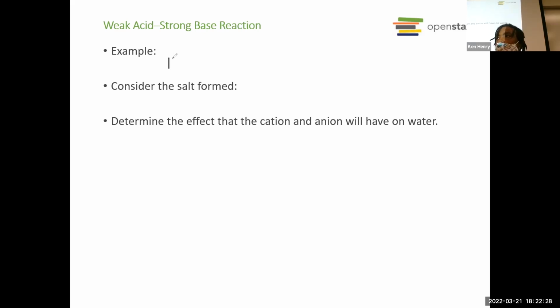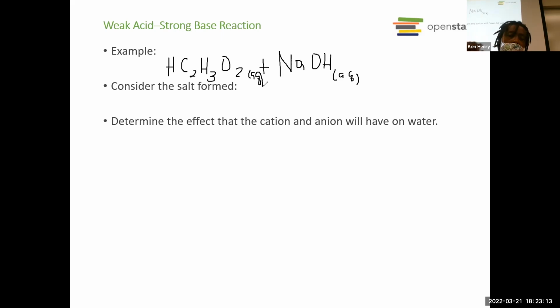So let's say we have acetic acid, HC2H3O2, and sodium hydroxide. What's going to happen in this case?